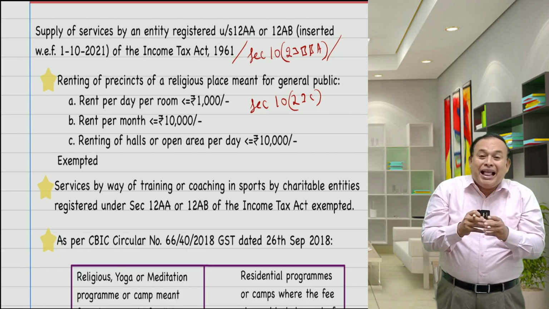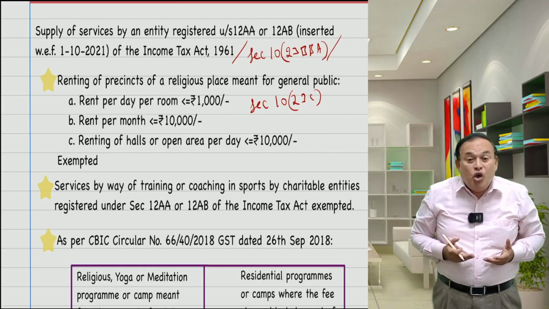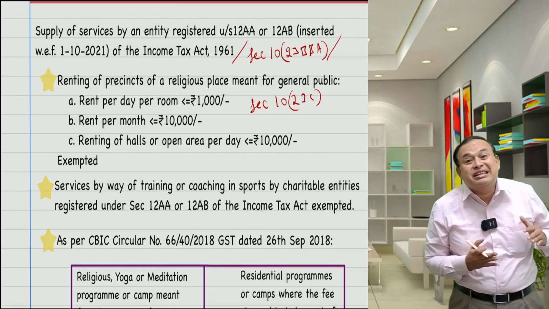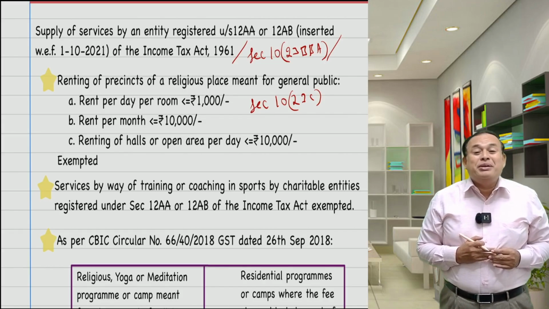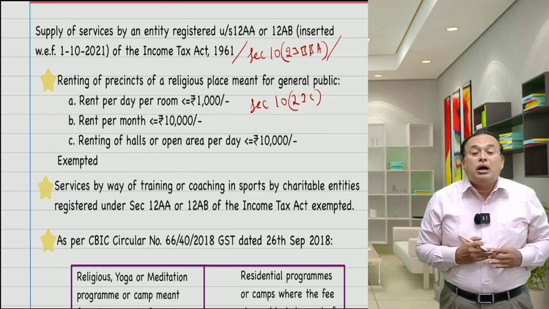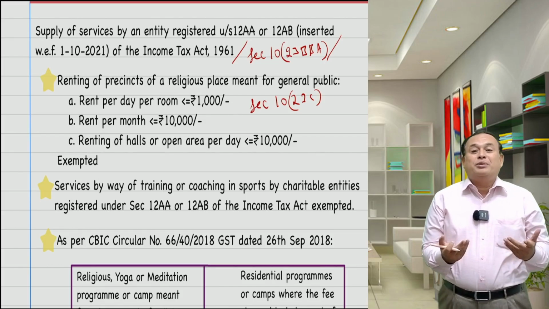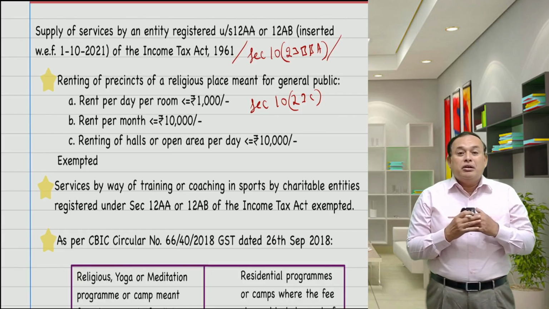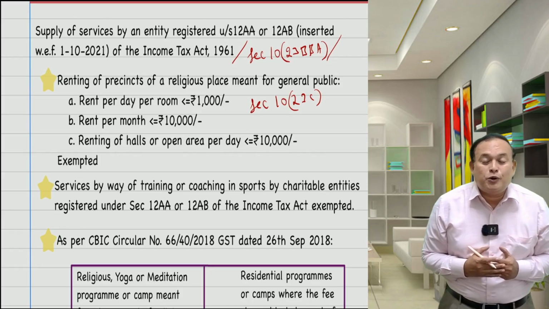Then that particular religious entity which was registered under income tax section 10A, 10(23BBA), 10(23C) sub-clause 5, section 12AA or 12AB of the income tax, then the rental charges per day per room less than or equal to 1,000.